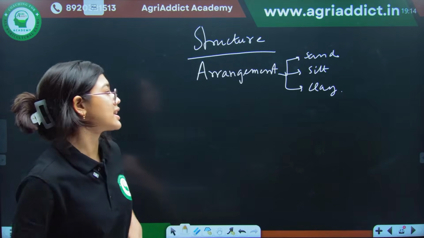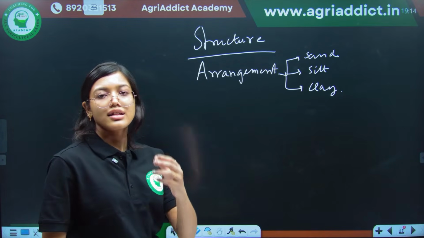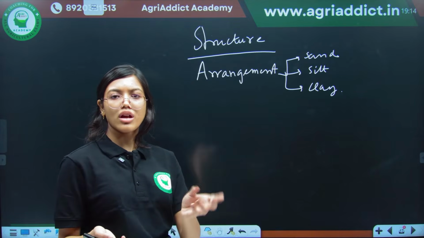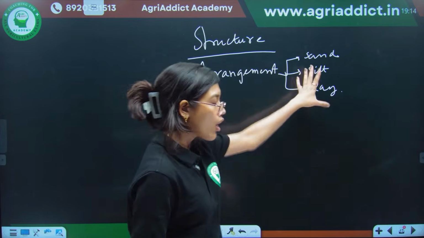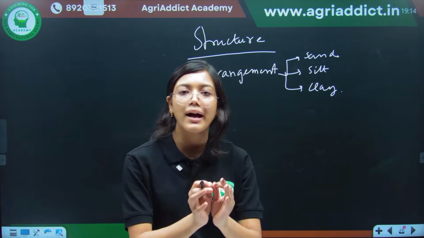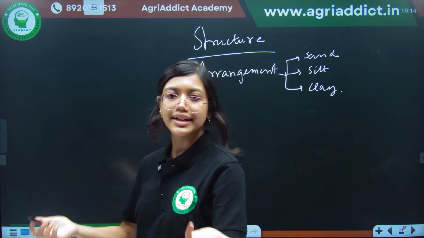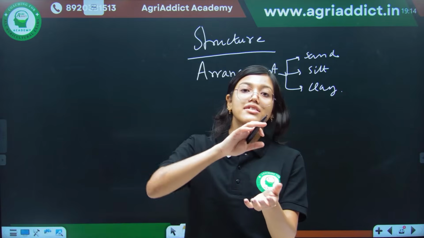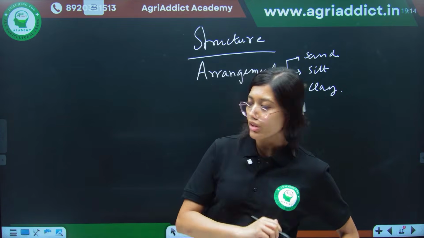Now another thing, you will often find in the soil that there are several particles that are round in shape, forming an aggregate. All these things together combine to form one aggregate. So what is an aggregate? An aggregate is when the particles come together and are cemented by a particular agent.